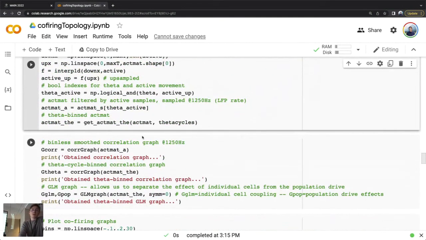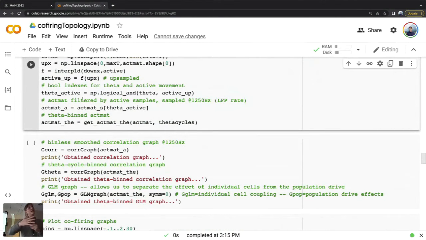Now I can also use these bins defined by the theta cycles to format the activity in a different way. Instead of individual samples at 1250 hertz, I can use the whole cycle as just one sample.